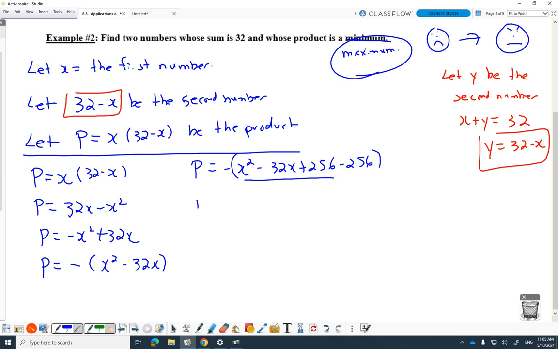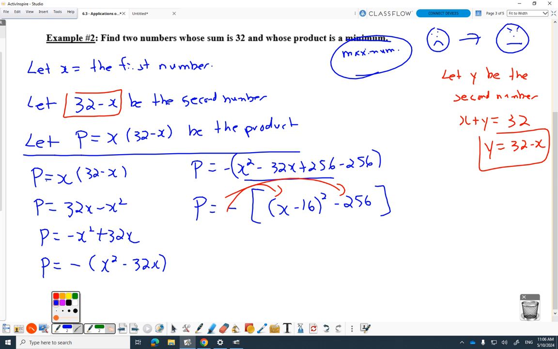Something like this, probably. Then the arrow, and I get P equals negative x minus 16 squared plus 256.